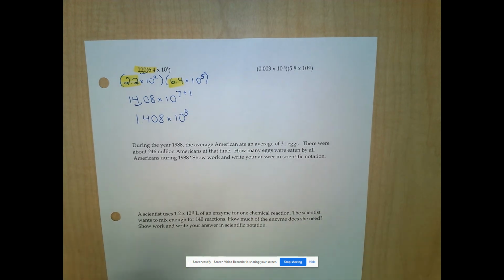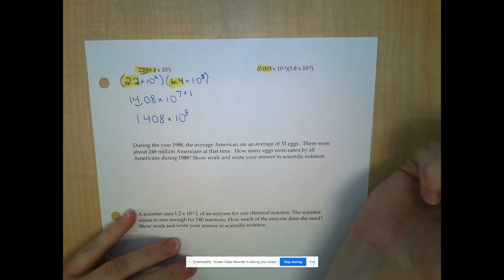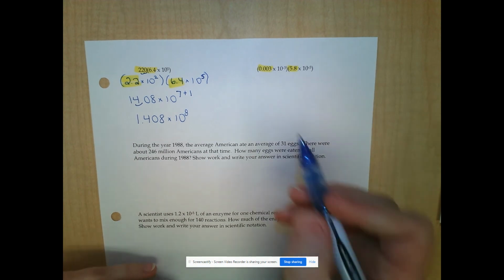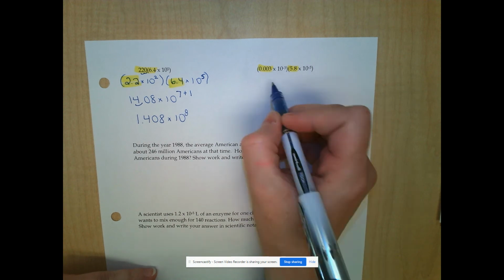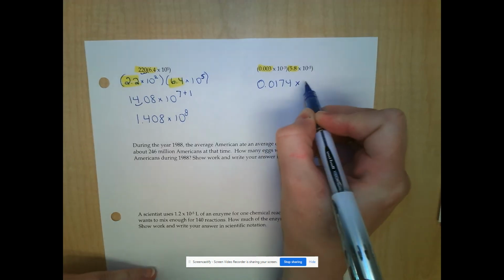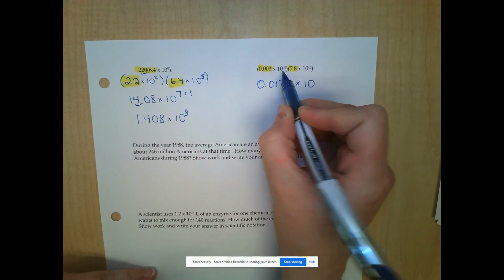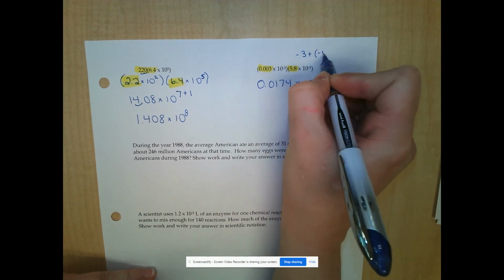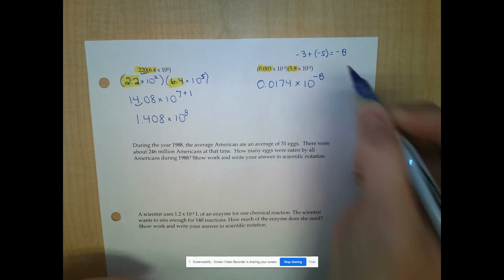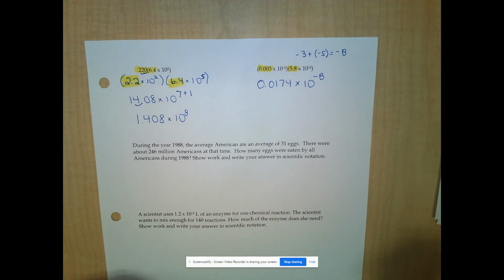The other one, not a problem that the 0.003 is too small because overall it resembles scientific notation. I'd have to multiply those two numbers, and it's going to be 0.0174, which is far too small, times 10. If I add my exponents, the negative 3 and the negative 5, I get negative 8. And here's where I have to be really careful with my integer operations.